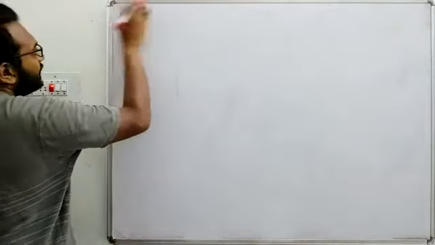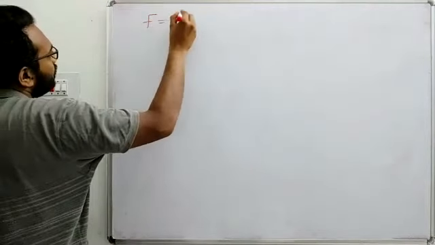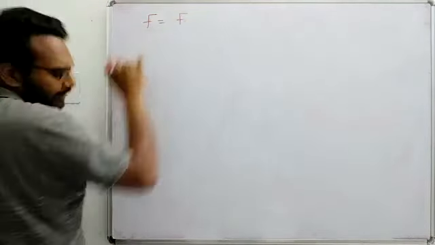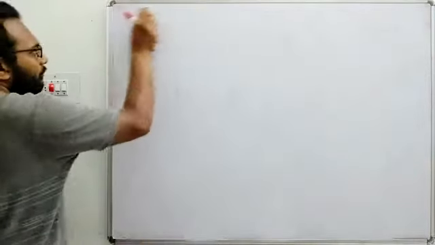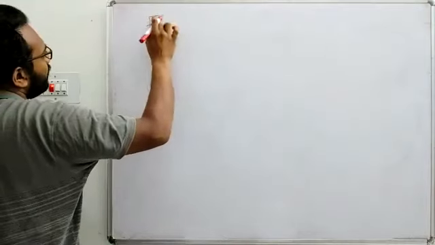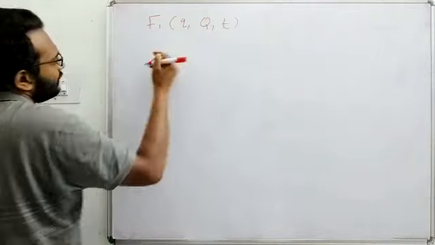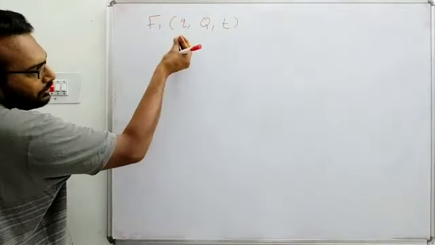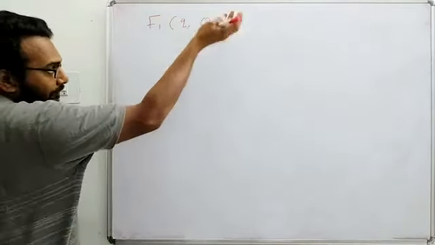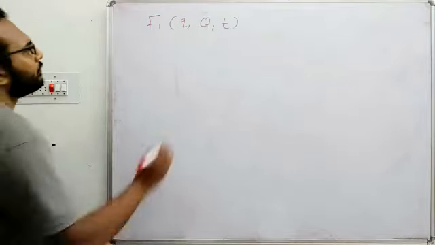What was the first function? Let's just say f1, generating function f1, a function of q, capital Q and t. We take half as the small old coordinates and half as the new coordinates. It's easy to remember that.